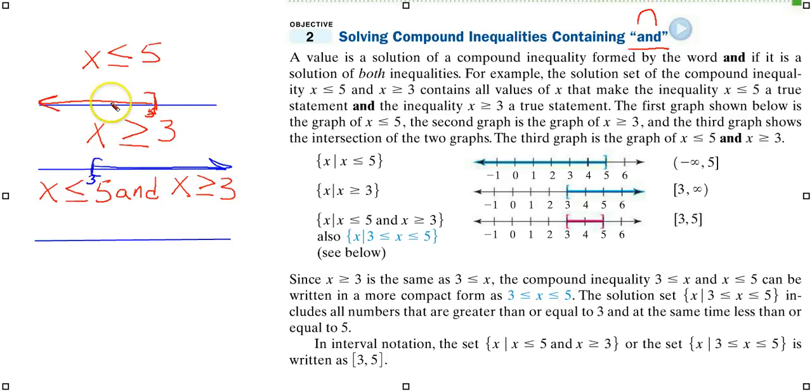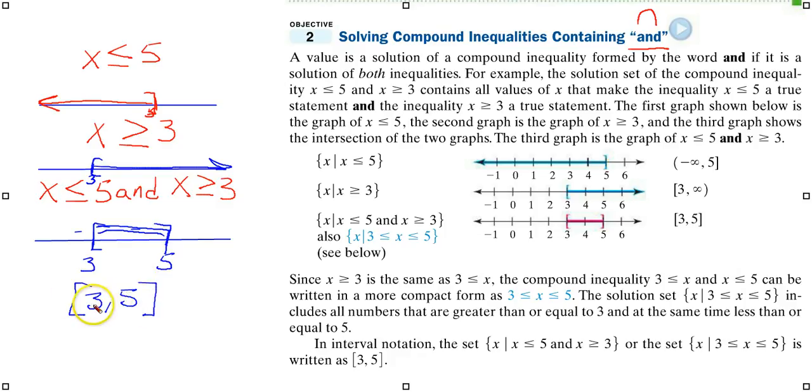Now if we put the 2 on this line, that is the 3 there, and the 5 there, and remember this one had a line going this way, and the 3 had something going this way. The place where they intersect or overlap is between 3 and 5.